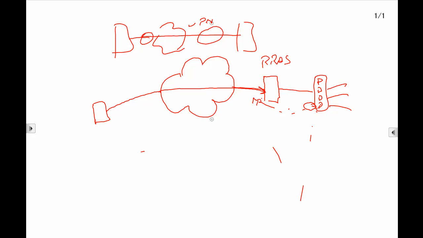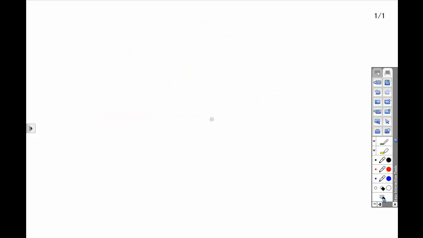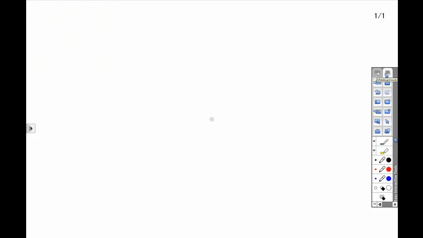So remote connectivity is a big deal. What we do here is run a piece of software called Secure Shell. Let me go back to this thing, give you another bad drawing.